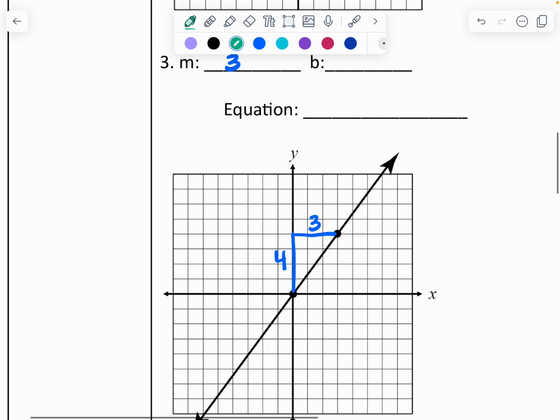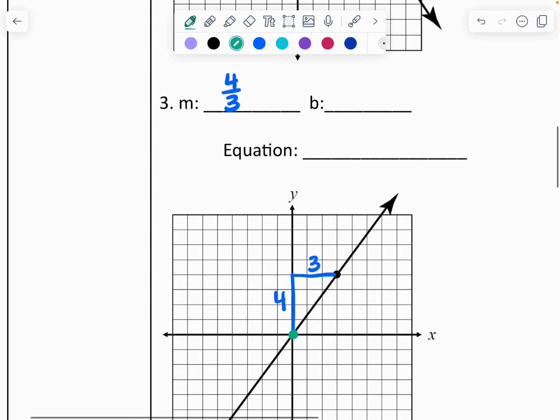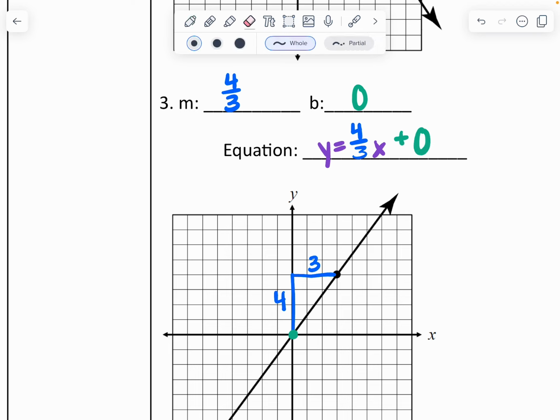And the y-intercept is here at the origin, so my y-intercept is 0. My equation will be y equals 4 over 3x plus 0. Now, I will never see that in an equation. You'll never see plus 0. So it's just y equals 4 over 3x.